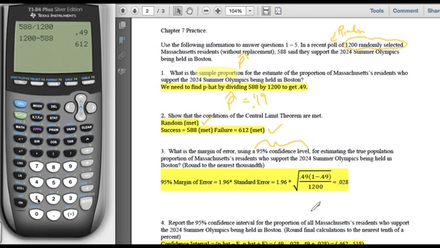Just to show you on my calculator, I go 1.96, then grab my square root by hitting second x squared, and I'll type in the rest. So I get 0.028.